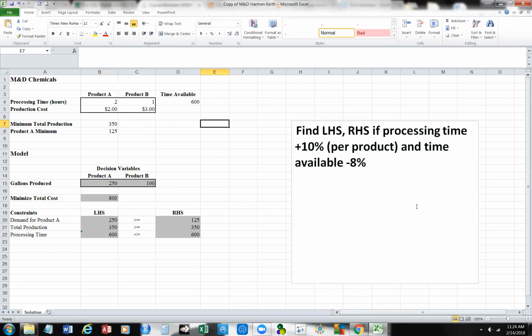And then we may find that we've just gotten a new customer, and so we have to cut the time available for every operation or every product line to accommodate a new line that we've acquired. Or this may be a rush order. So I've got to have it by so and so.